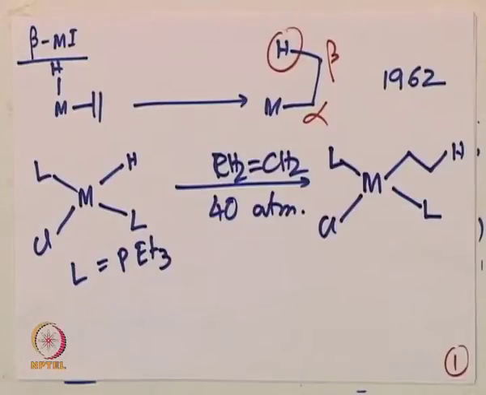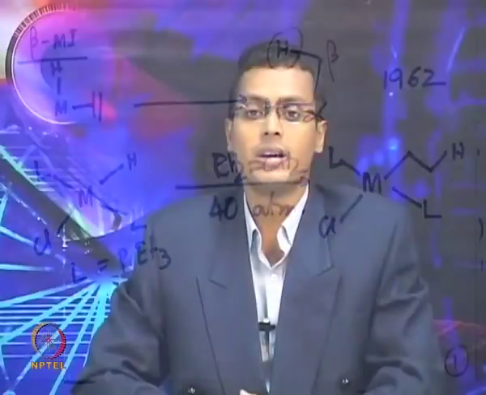Of course, the first example of any metal hydride species undergoing metal hydride and olefin interaction, and thereby this beta-migratory insertion with the hydride, was first reported in 1962, but the first metal alkyl insertion at the beta position was reported in 1982.